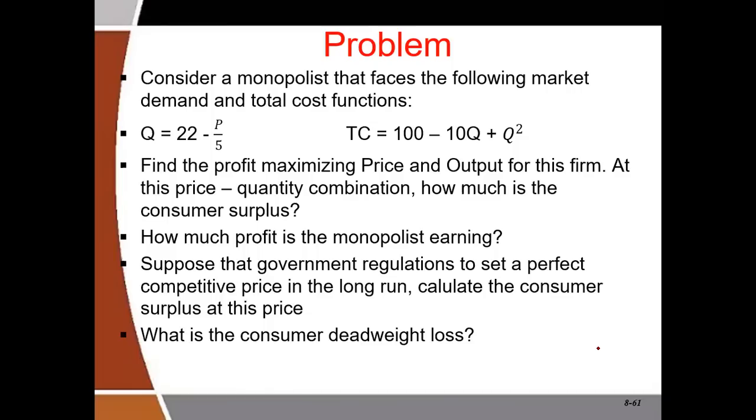The question says find the profit maximizing price and output for this firm. At this price and quantity combination, what is the consumer surplus?